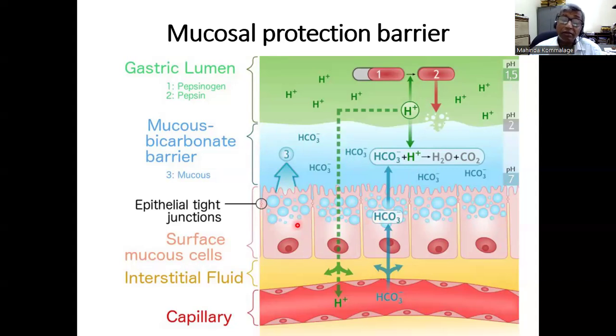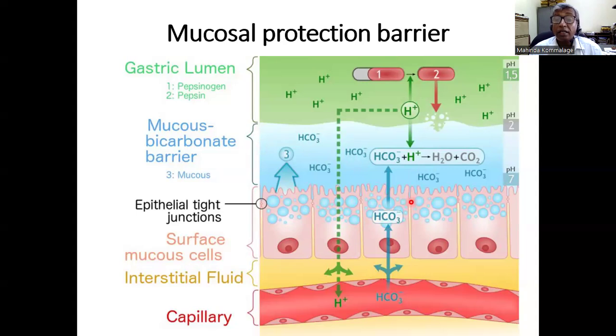So this is the epithelial cell layer, the uppermost cell layer in the stomach, and there are tight junctions between cells, right? I hope you learned about the tight junction in histology. Those junctions are very tightly bound.